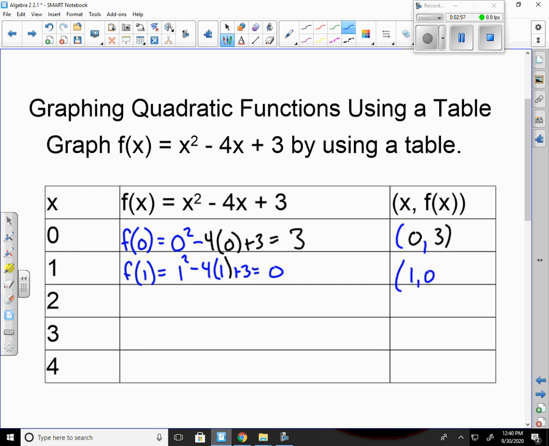So now I have 1, 0. Plug the 2 in. 2 squared minus 4 times 2 plus 3. 4 times 2 is 8. 2 squared is 4. So it's 4 minus 8, negative 4 plus 3. That's negative 1.